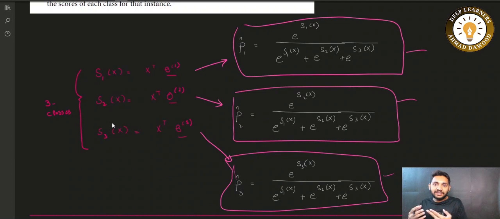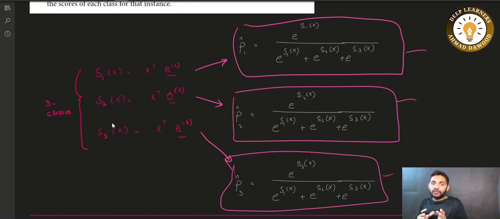You have three classes. Against three classes you will have three score equations, and each score equation will have five parameter values: four coefficients, one intercept. So there will be three scores, meaning 15 parameter values, and against three scores there will be three probabilities, and this will be the equation.